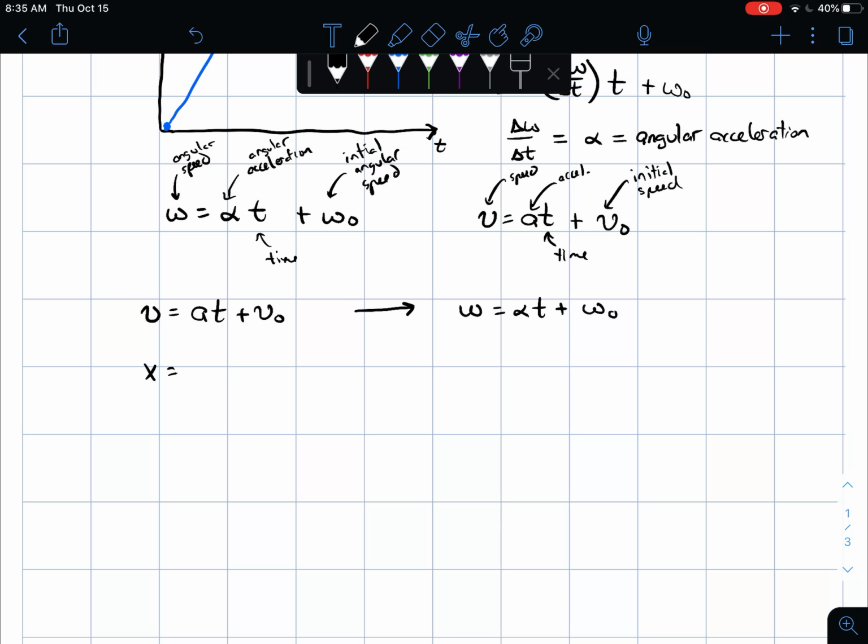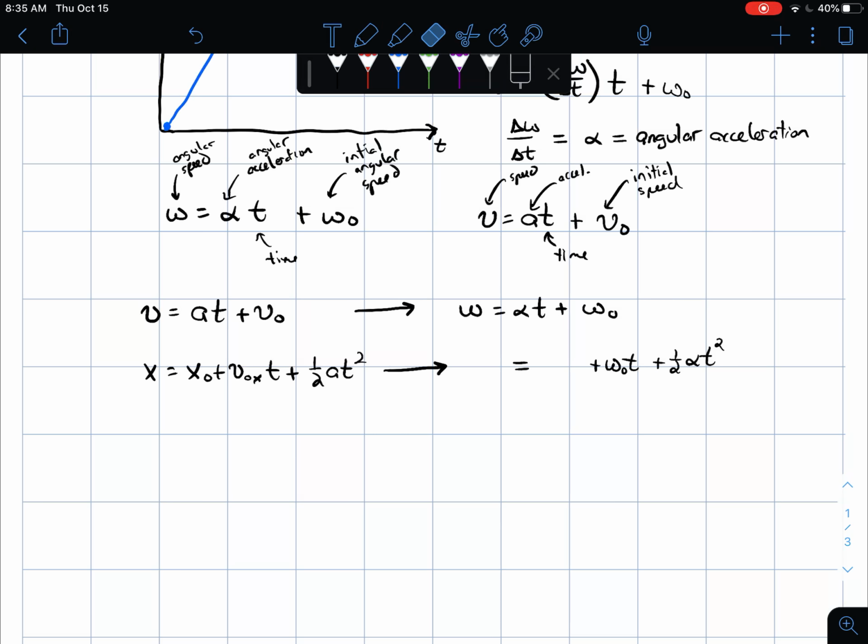You might remember that there was x equals x0 plus v0x times t plus 1/2 at squared. Well, what would the angular correlation be? Let's start here, because we know that a became alpha, and we know that v0 became omega 0. So we've got something equals something plus omega 0 t plus 1/2 alpha t squared.